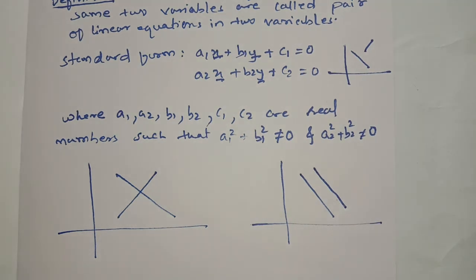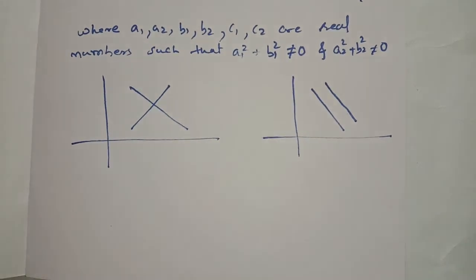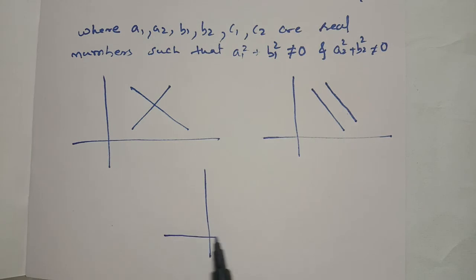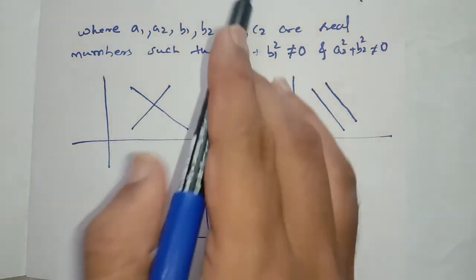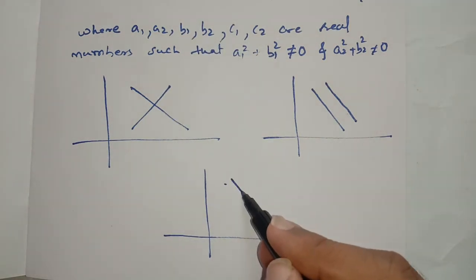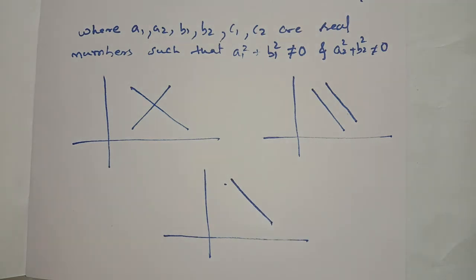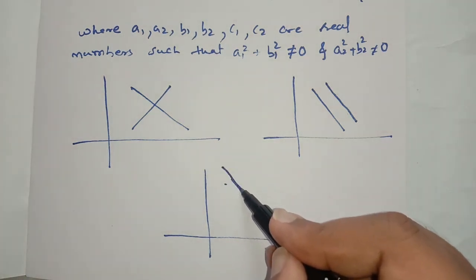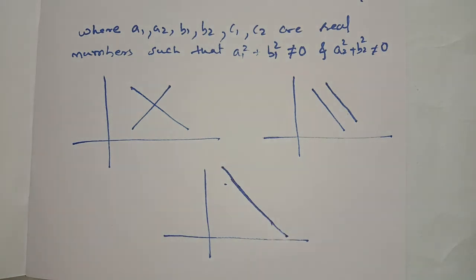And the third one, you will get two lines on the same plane, student. See here. When you draw the first equation, you will get one line. And when you plot the points of the second equation, you will get those points on the same line, like this.